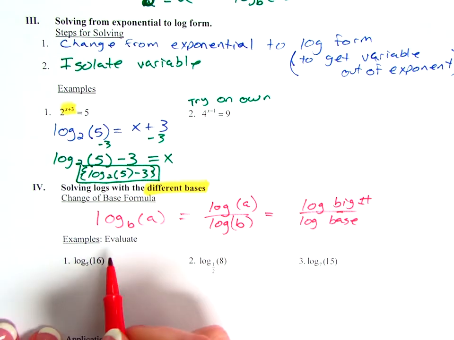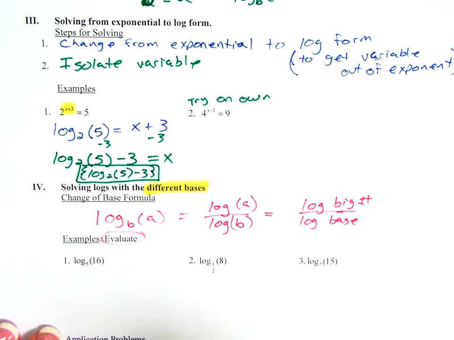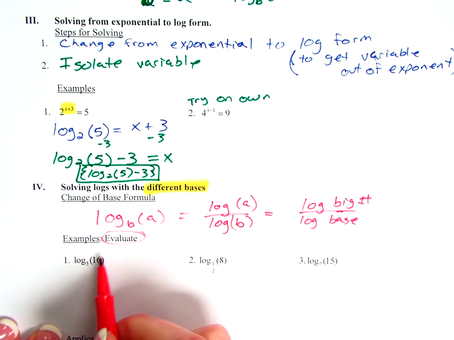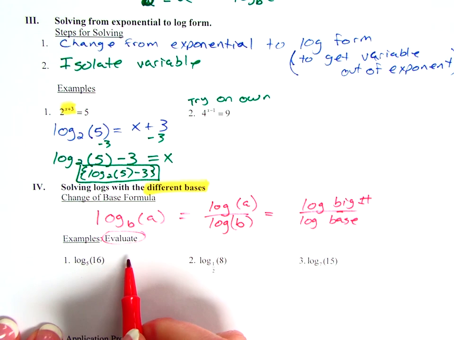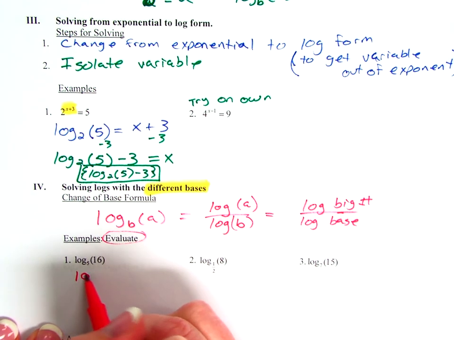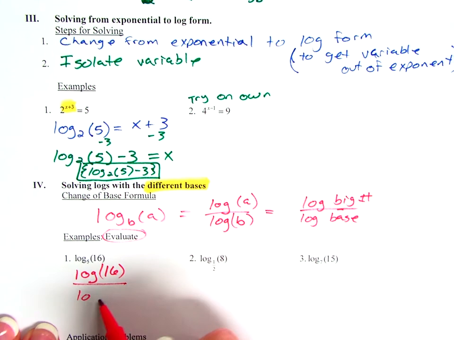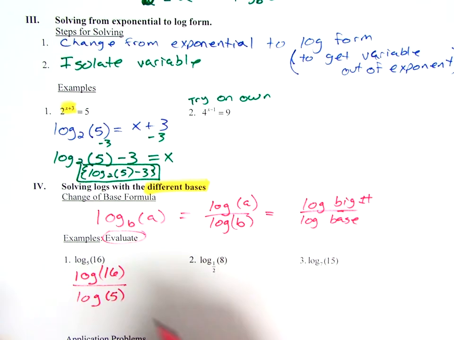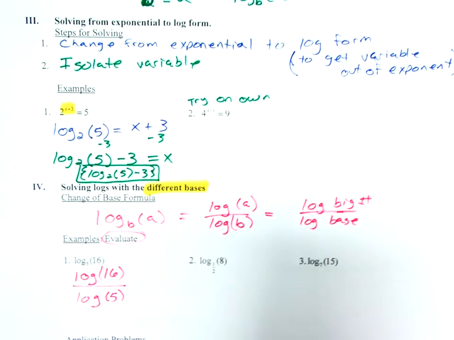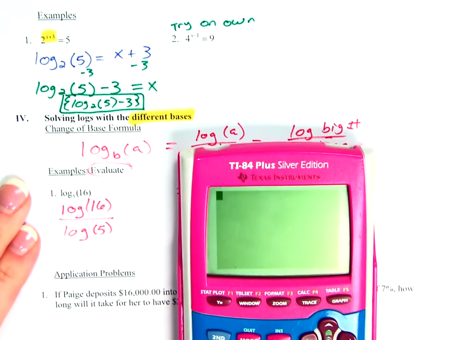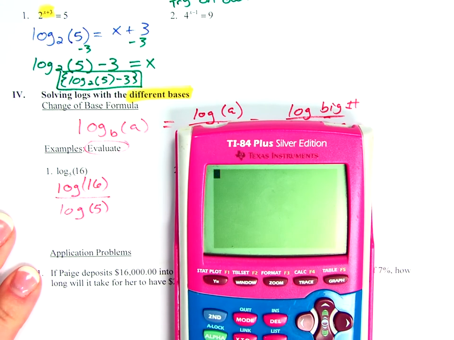So now we're not even going to worry about solving, we're really just going to evaluate these. When I look at this one, I don't know 5 to what power would give me 16, so I'm going to change that to log of 16 over log of 5, and then take out my calculator, go to my main screen and type it in.